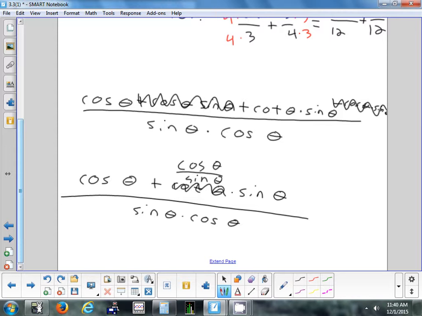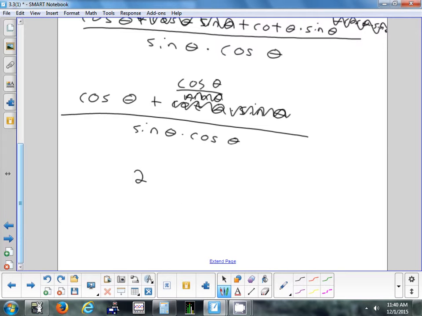The sines are going to cancel out. This sine is in the bottom. This sine is in the top. So now in the top, I've got cosine plus cosine. What's that? 2 cosine. So 2 cosine divided by sine times cosine.